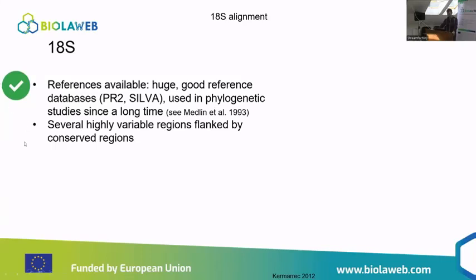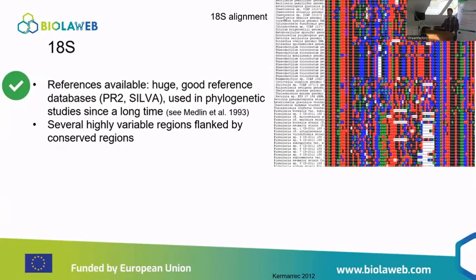Second point, we have several highly variable regions flanked by conserved regions. So what you told us, Milos, good point. I show you here an alignment. Maybe you can't see it, but here you have species names. For instance, Chaetoceros diptebilis, and just in front of this name you have part of its sequence, not the full sequence.